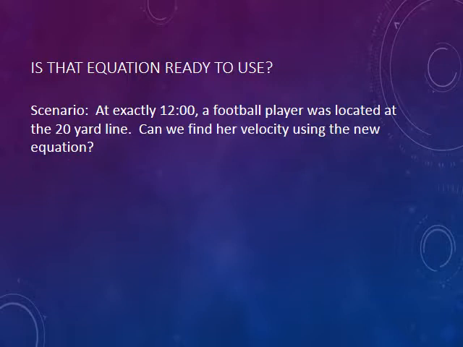So think about it for a moment. We've got time, exactly 12, and we've got a location, 20-yard line. But is this enough to plug in and get the velocity? And hopefully if you thought about it for a moment, you realize that, well, the velocity can still sort of be anything under these parameters.